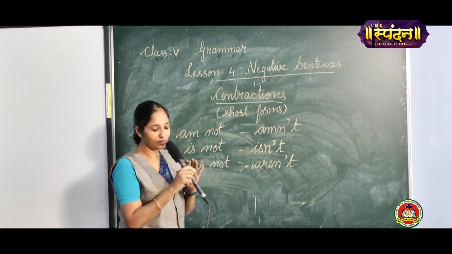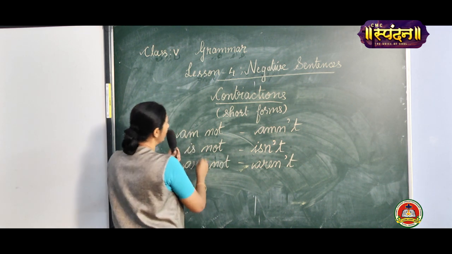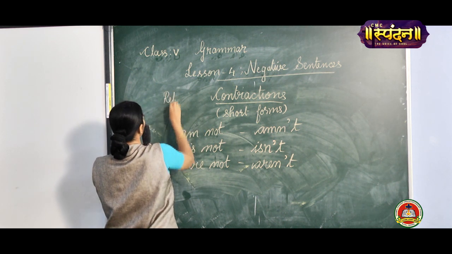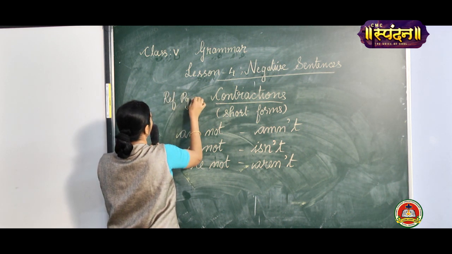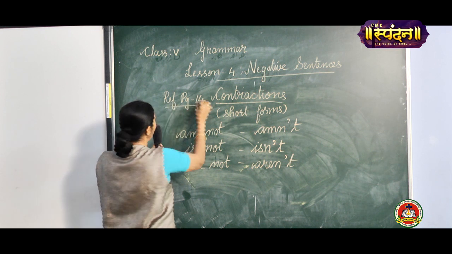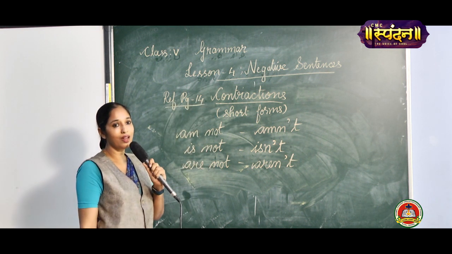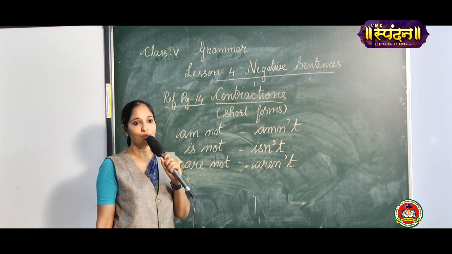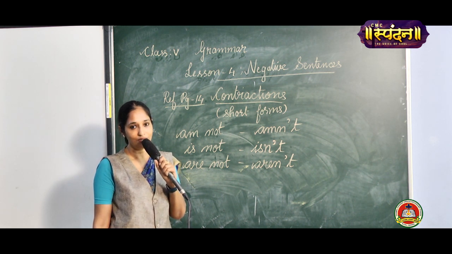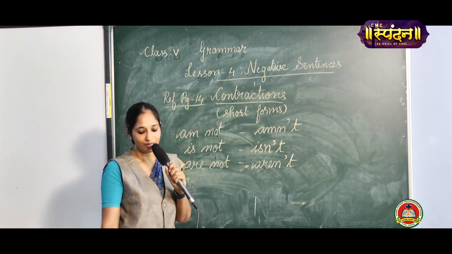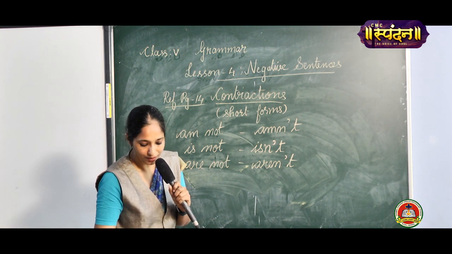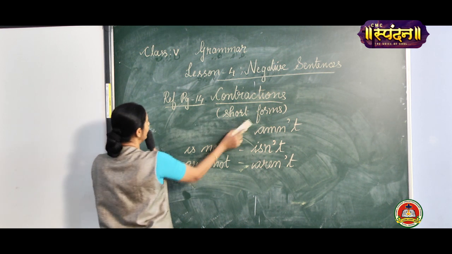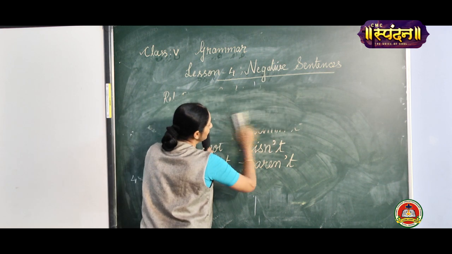So I ask everybody to refer to page number 14. Many contractions are given there. Write and learn those contractions, how to write the contractions. Is that clear to you? So our topic, negative sentences, is getting over here.